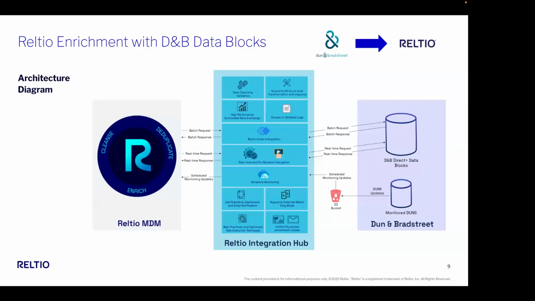And thirdly, we support batch enrichment, which generally caters to use cases around initial data load and initial data enrichment. So that is the direction, along with any data cleansing validations or supporting any attribute level transformations and mappings. The Reltio integration hub in the center is nothing but the pre-built integration that is on offer here.